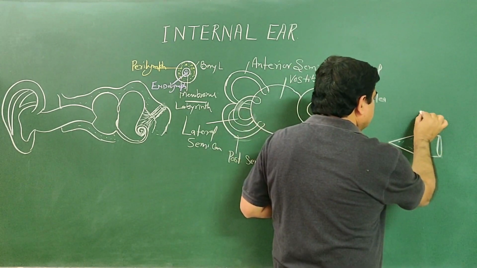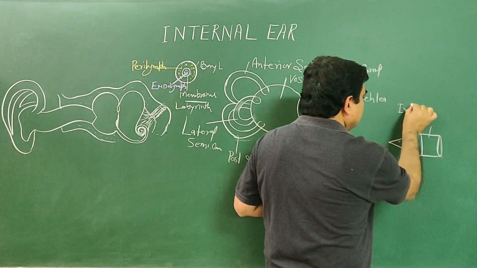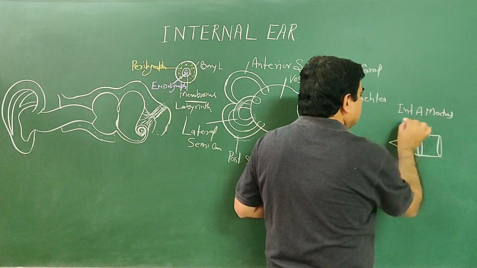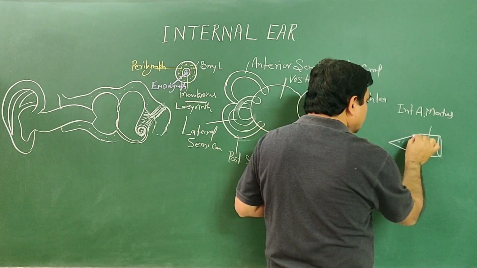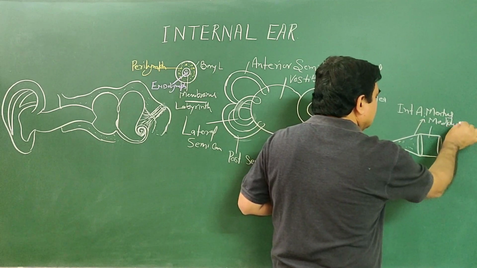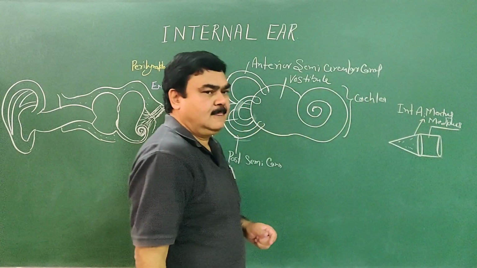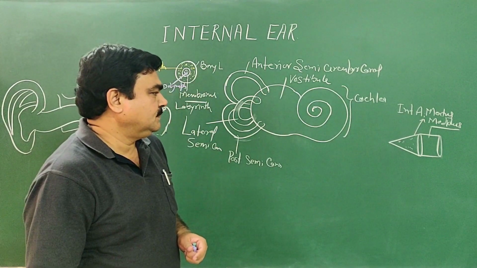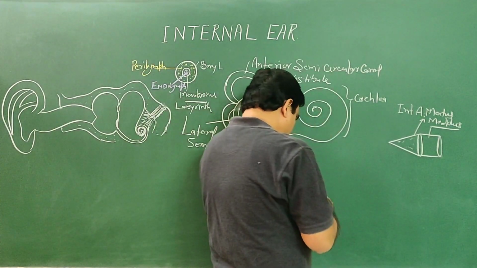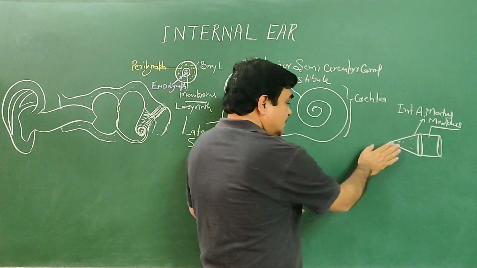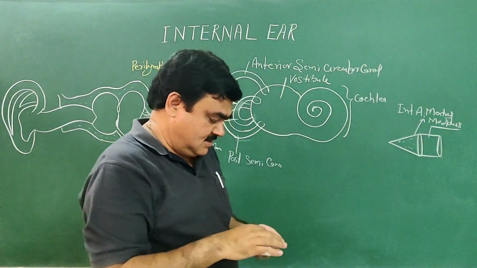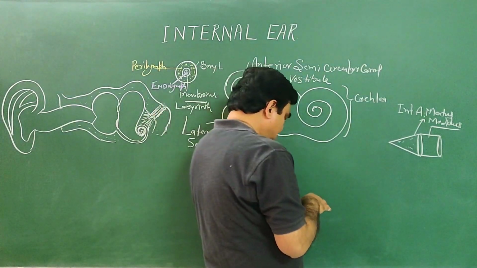This is the internal acoustic meatus, and this part is the modiolus. The surface of the modiolus shows a spiral projection.